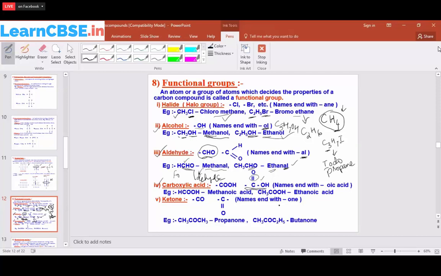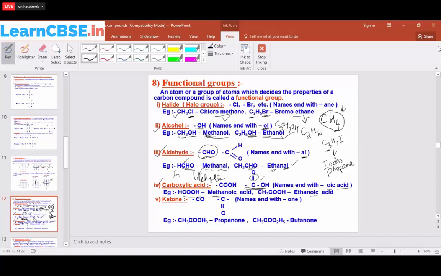Now, this ends with "oic acid". If one carbon atom is present, methanoic acid. If two carbon atoms are present, ethanoic acid, then propanoic acid. Like that, we add "oic acid" after the particular hydrocarbon. Methanoic acid indicates that it should contain the COOH.